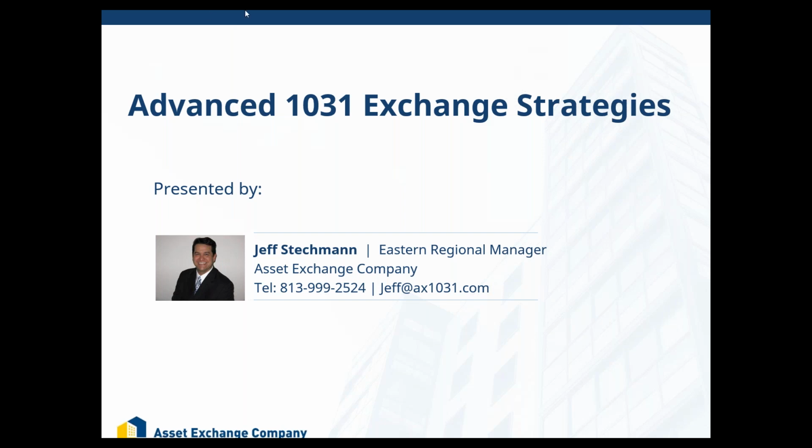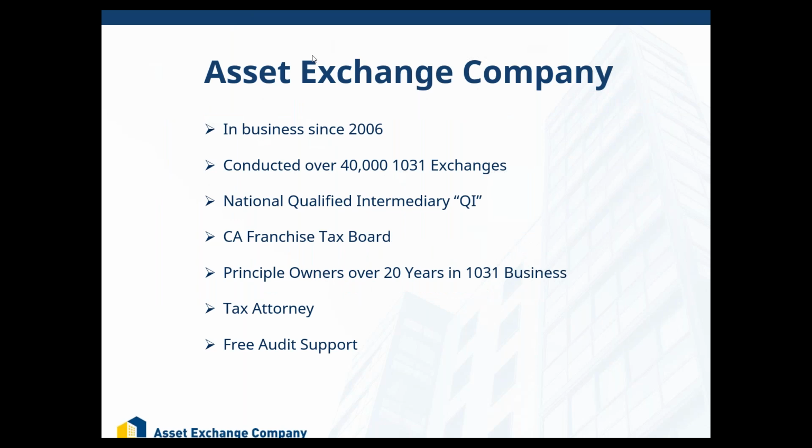Now, let me give y'all some information about who we are. We're Asset Exchange Company. We've been in business since 2006, and over the course of our existence, we've done about 40,000 1031 exchanges. It's all that we do. We don't provide any type of closing services or financial services.